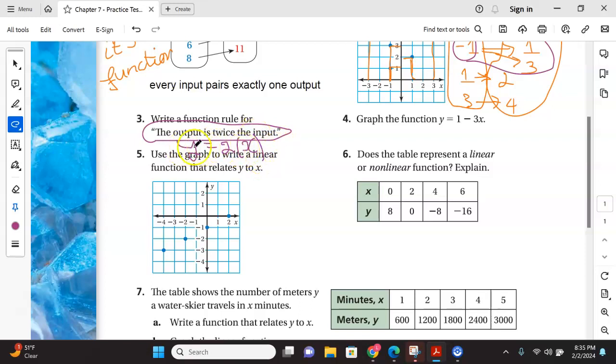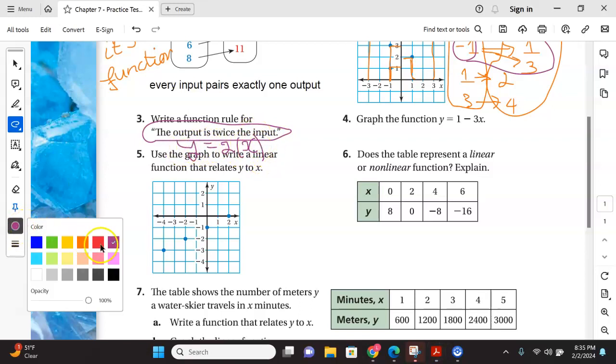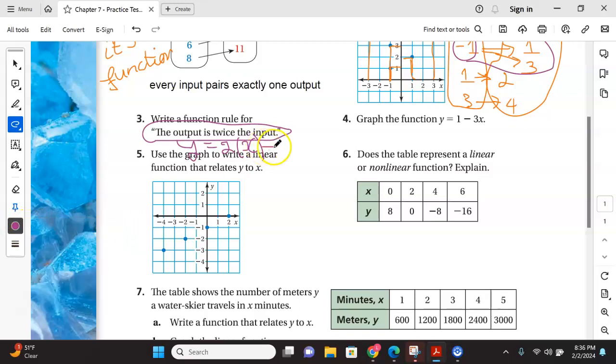So your function is y equals 2x. I prefer you write it as f of x, because that is the function notation. So we replace the y with f of x. Your answer is f of x equals 2x.